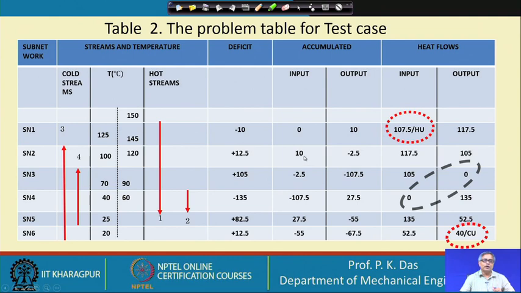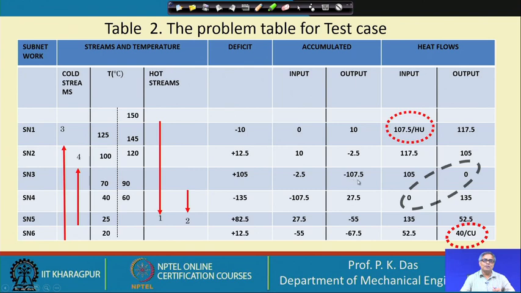That means input minus the deficit, so that will give you minus 2.5, that will be the output. Minus 2.5 will be the input of subnetwork 3, and by going by the same kind of logic you can do this problem, all the data are given.